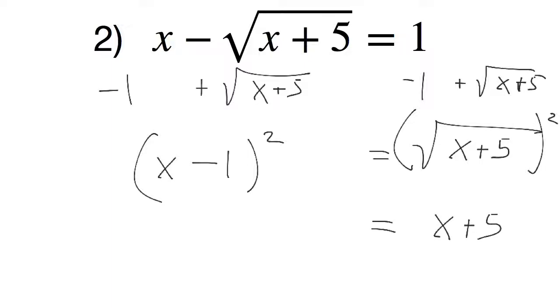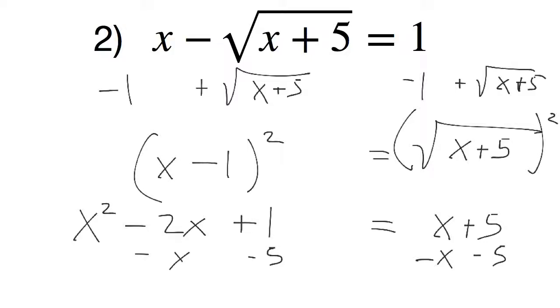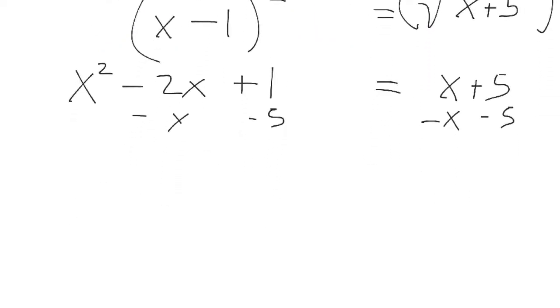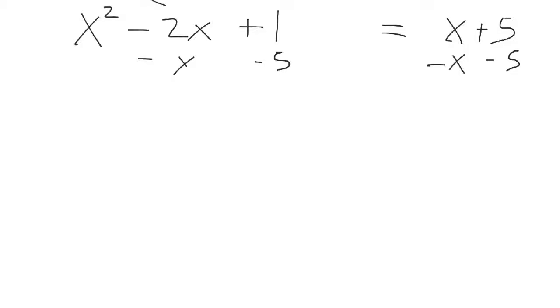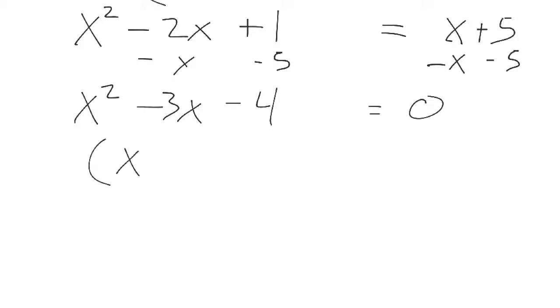The radical cancels out, you're left with just x plus 5, and then when you square x minus 1, you get x squared minus 2x plus 1. And then solving the resulting equation for 0, combining all the terms, you get x squared minus 3x minus 4 is equal to 0.